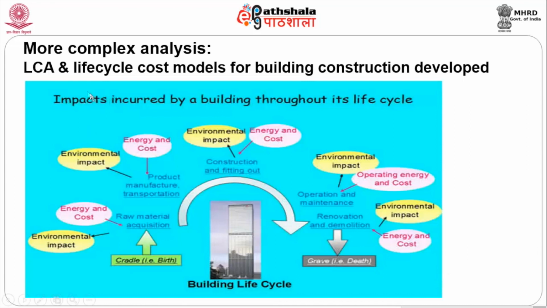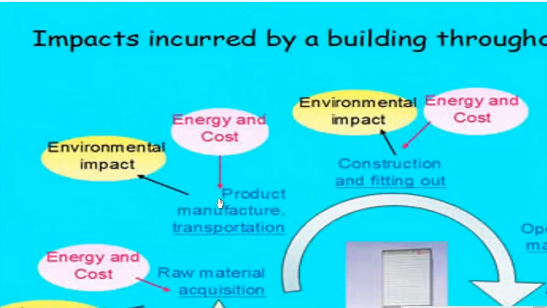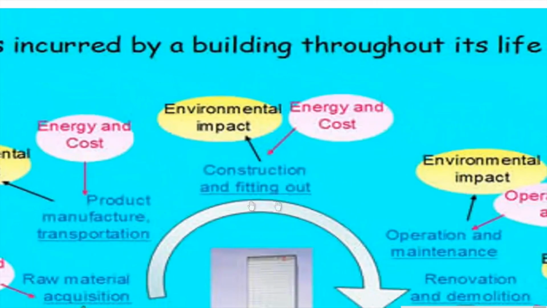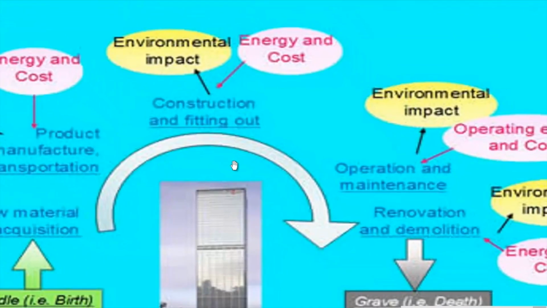All these life cycle analyses and the cost models for building construction have been developed from cradle to grave, the mantra for the embodied energy and also for the life cycle assessment: environmental impact, energy cost, raw material acquisition, product manufacturing and transportation, which again involves every material, its environmental impact, its cost and also the energy which is used in the production of the material.